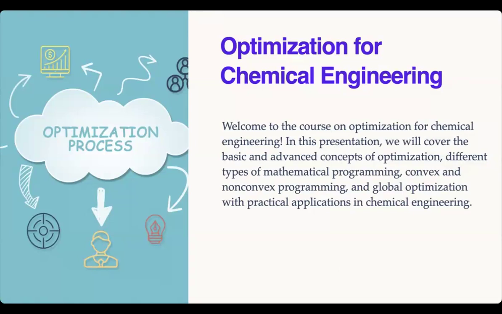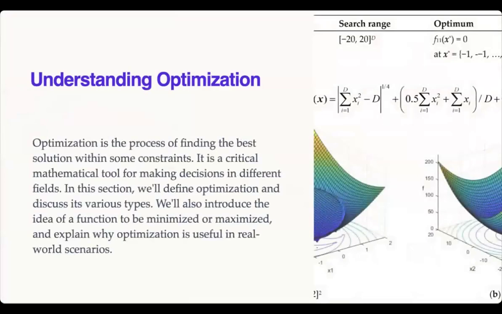So what is the optimization? How is it different from optimization and solving the system of equations? While we can use optimization, the main purpose is just for decision making, right?